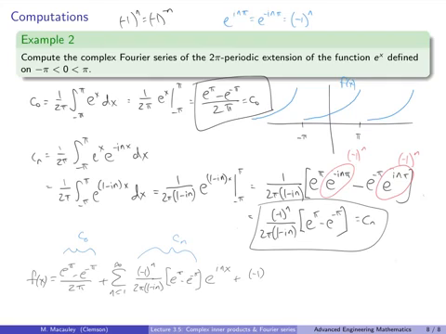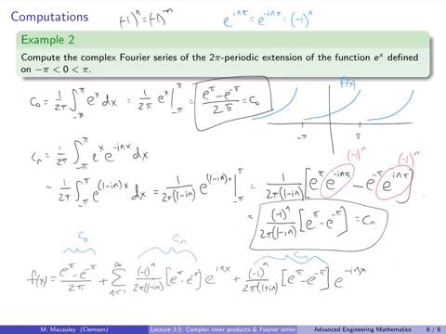So I'm going to leave that as negative 1 to the n over 2 pi times 1 plus i n, because if I plug in a negative n here, I get a positive sign. And everything else is the same: e to the pi minus e to the minus pi times e to the negative i n x. So this is c to the negative n.